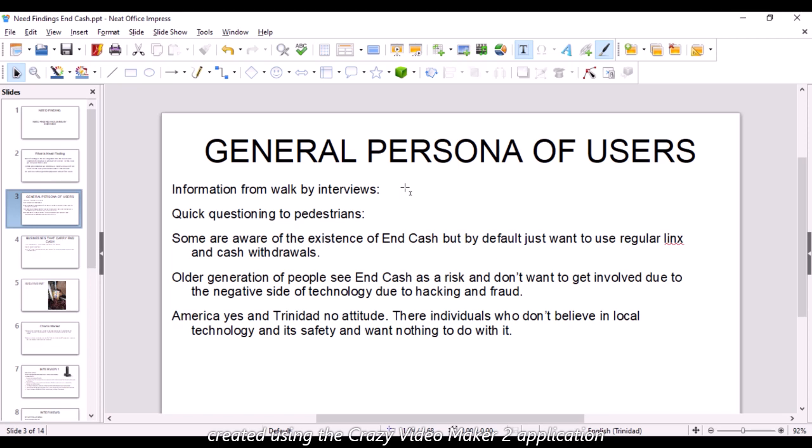Also, there is a stigma in our country that I noticed from questioning. There is an America yes, and Trinidad no attitude.